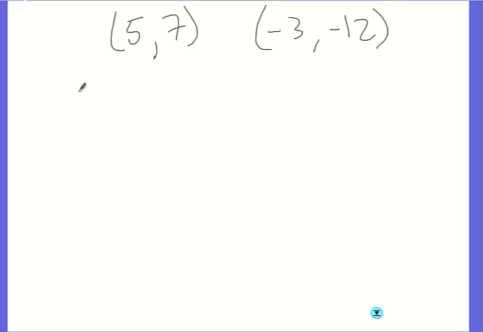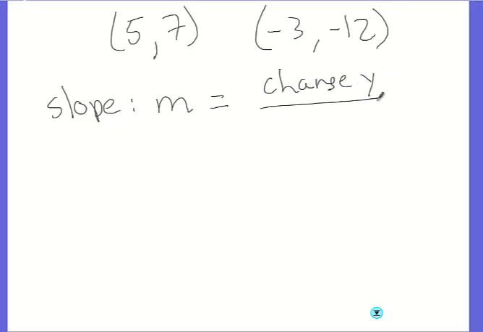Again, if we have a set of coordinate pairs, okay, let's say we don't have a graph. We're just given that these are our 2 points. Okay? Again, we have our slope, which is denoted as m, which is equal to change in y over change in x. Okay?